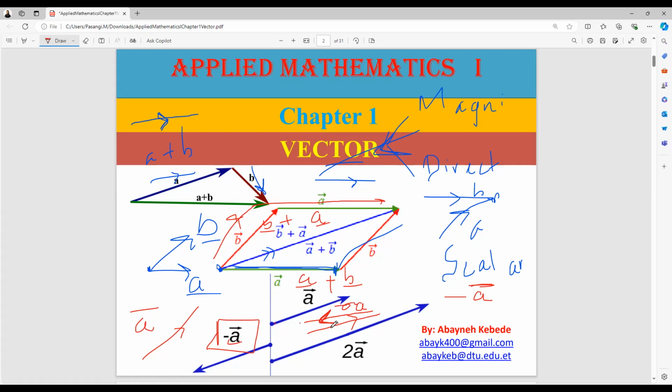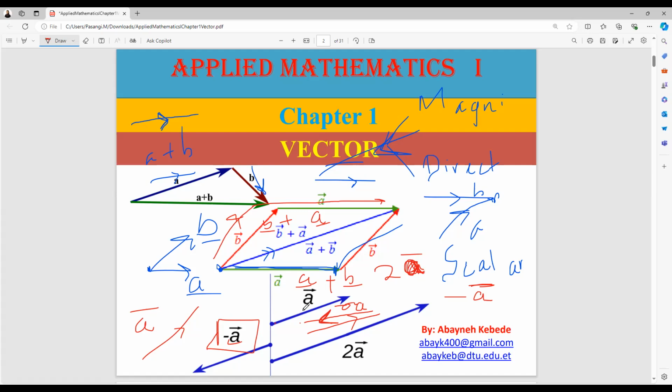Okay? If the vector A looks like this, then the minus vector A will be with the same magnitude, but the direction is opposite. If it's 2A, how are we going to mark this one? What about the direction?